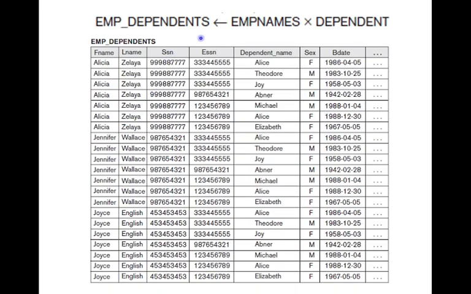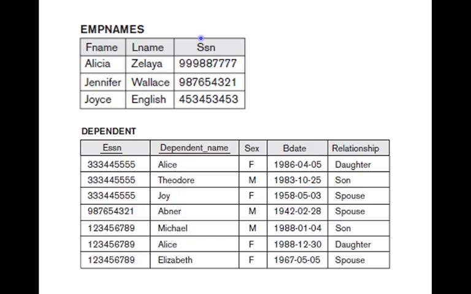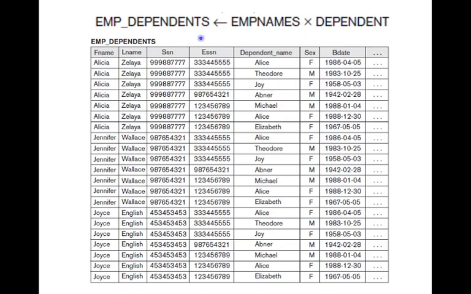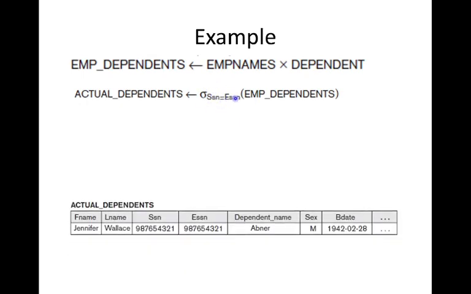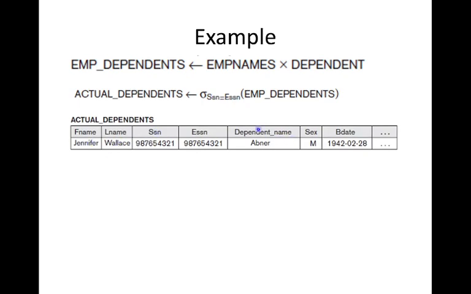So we can take the previous example. In the previous example, we first found the cross product of these two tables, and found that this number of tuples are there. After that, we selected the rows where SSN equals ESSN, and then we had this table.